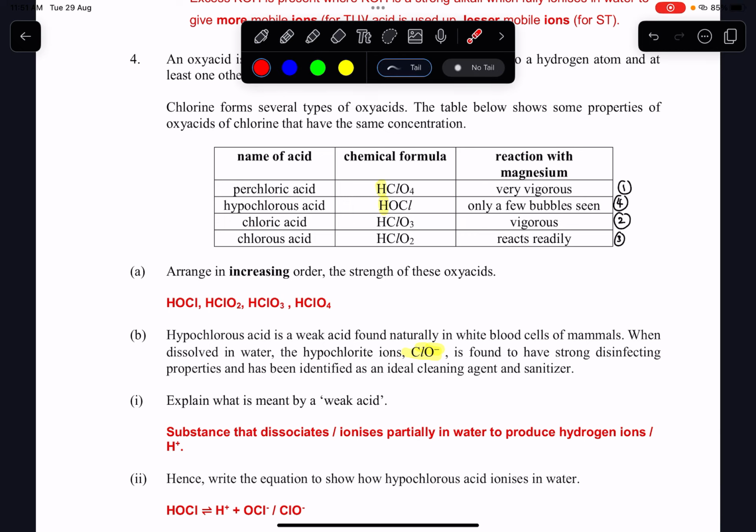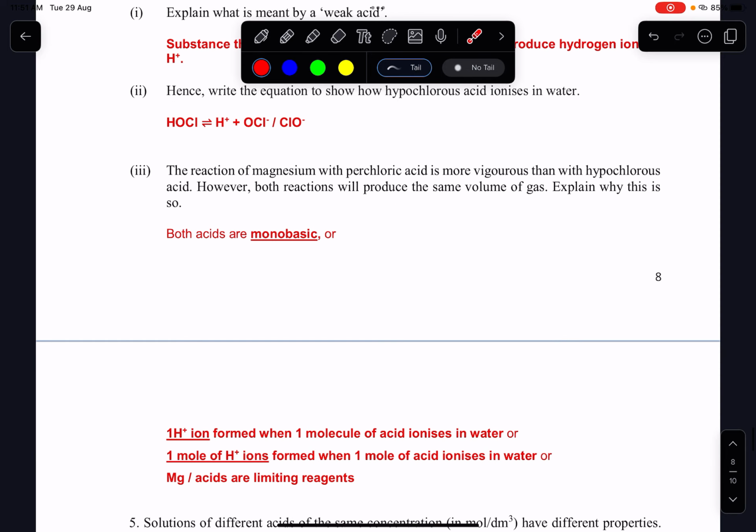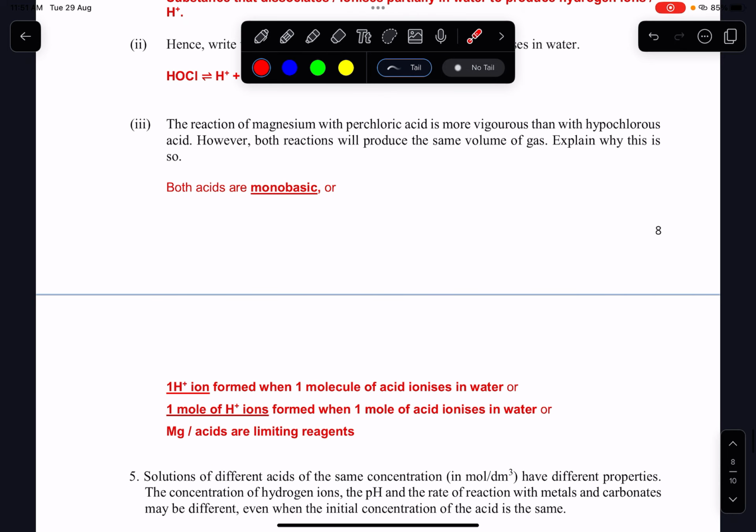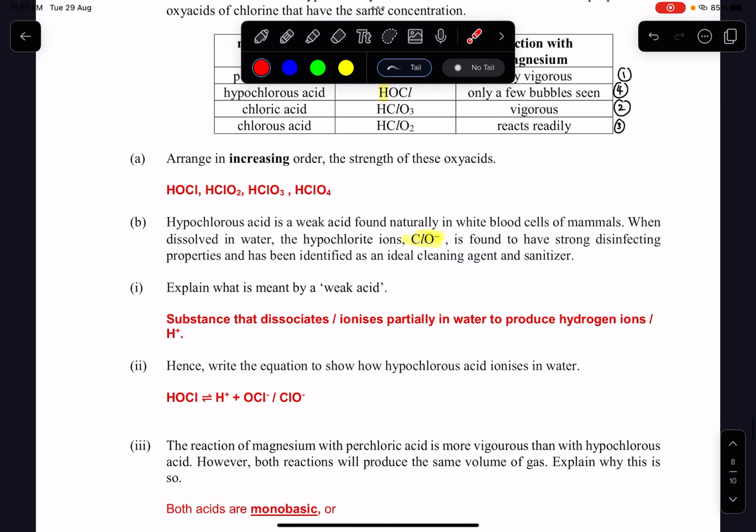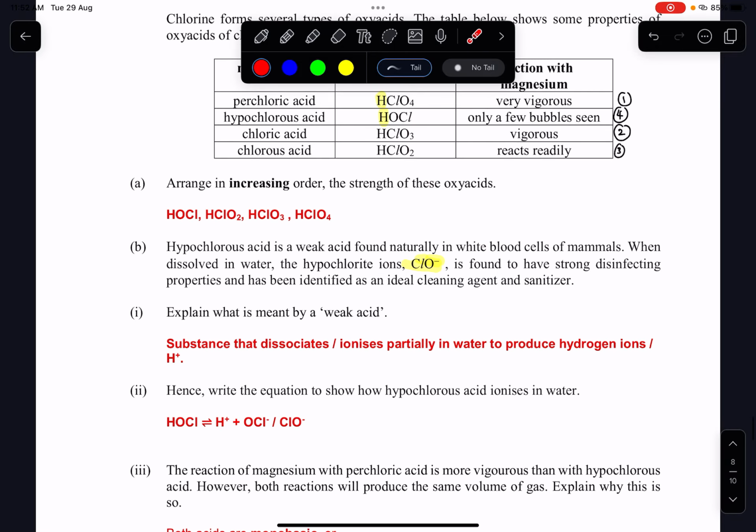Notice they both give off 1 mole of H plus ions for 1 mole of acid. Since they are monobasic, when they are fully reacted, they will give you the same volume of gas or mass of salt. Because the reaction of the acid plus the metal is one direction.